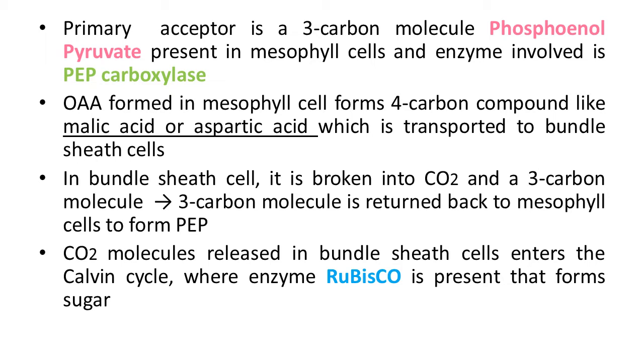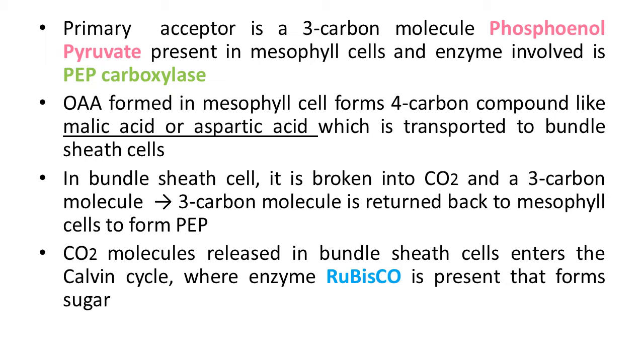It then forms other 4 carbon compounds like malic acid or aspartic acid in the mesophyll cell itself, which are transported to the bundle sheath cells. In the bundle sheath cells, the C4 acids are broken down to release CO2 and a 3 carbon molecule. The 3 carbon molecule is transported back to the mesophyll, where it is converted to phosphoenol pyruvate again, and thus the cycle completes.